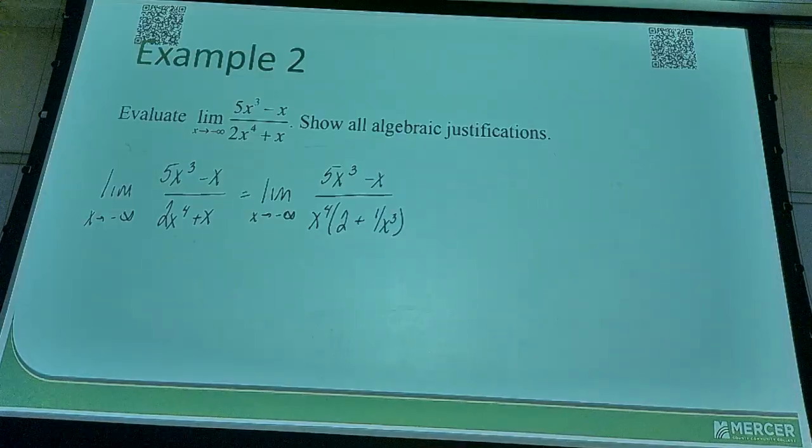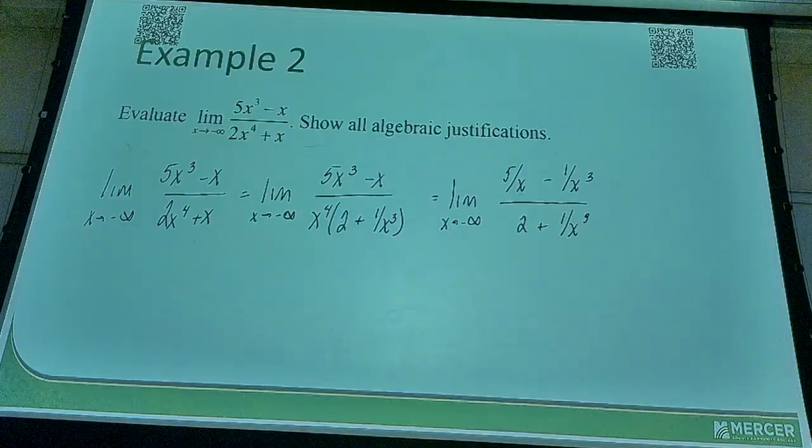Again, factor out your dominating term from the denominator. Apply that, and so divide each term in the numerator by what we just factored out.